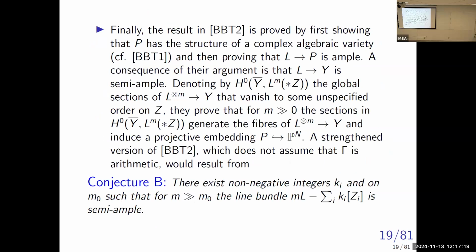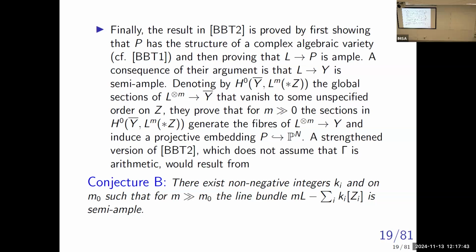Yeah. So suppose that you know that this bundle is semi-ample. So the conjecture is that, so I'm going to state a special case of it.